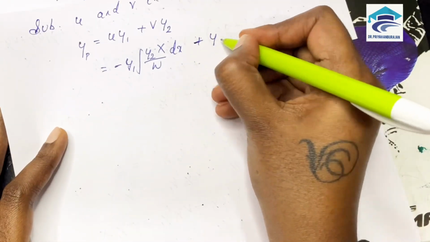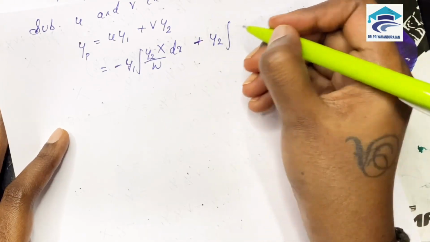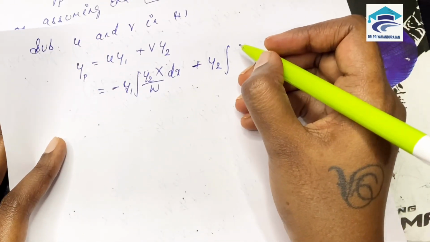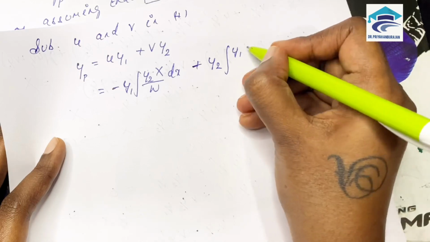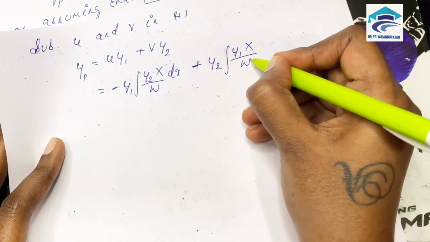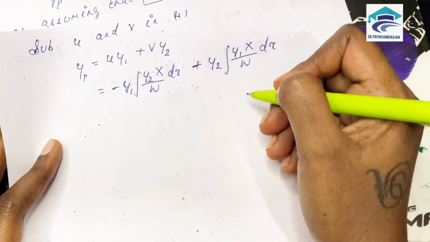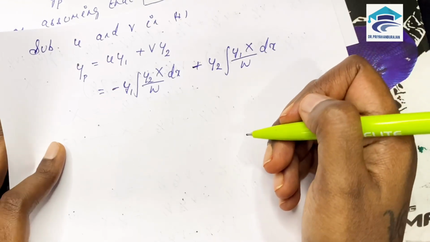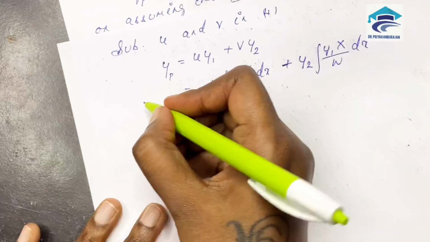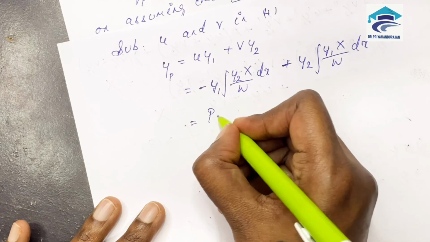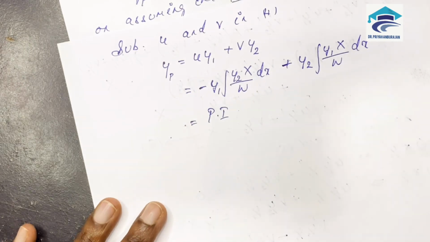Plus we take y2 outside, integration of y1x by w dx, and this is our particular integral. This is the particular integral that we need to find.